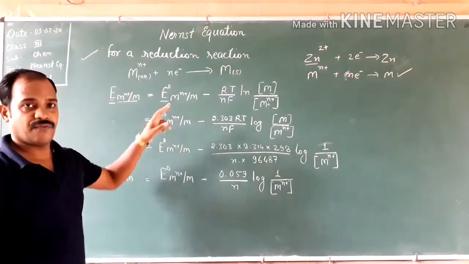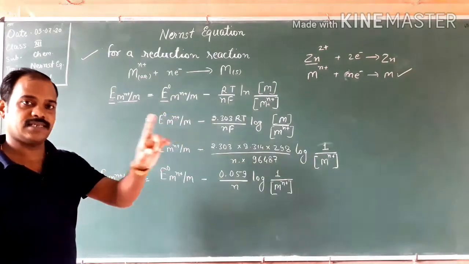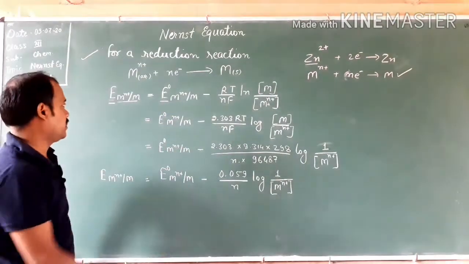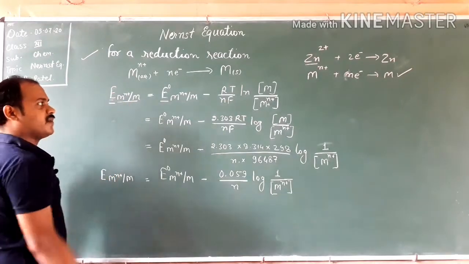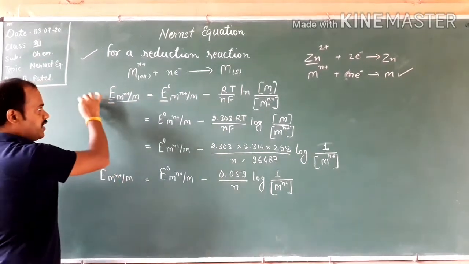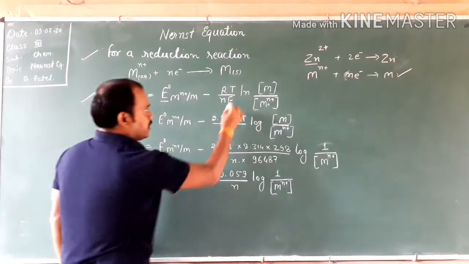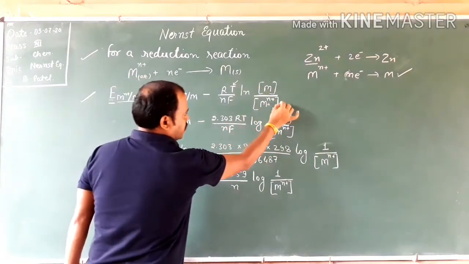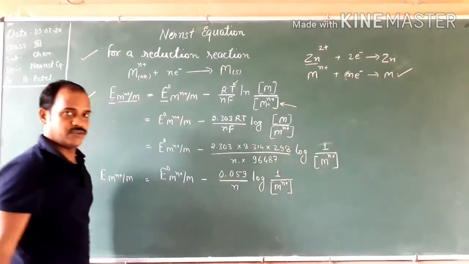See here, E naught is the standard electrode potential. This one is fixed because standard conditions are fixed. So what is the effect of concentration and temperature? In this equation, this is the temperature and this is the concentration of solution.